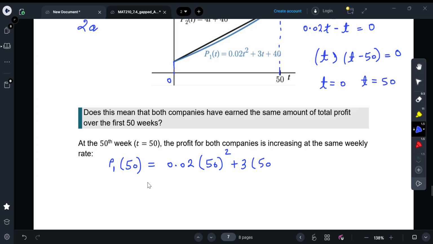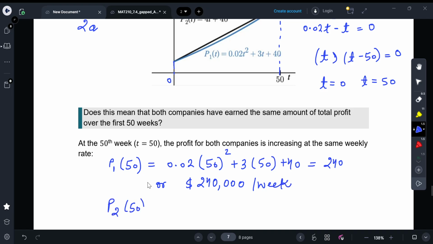and this would be 3 times 50 plus 40. The answer will be 240. In other words, $240,000 per week, right? That's the unit.